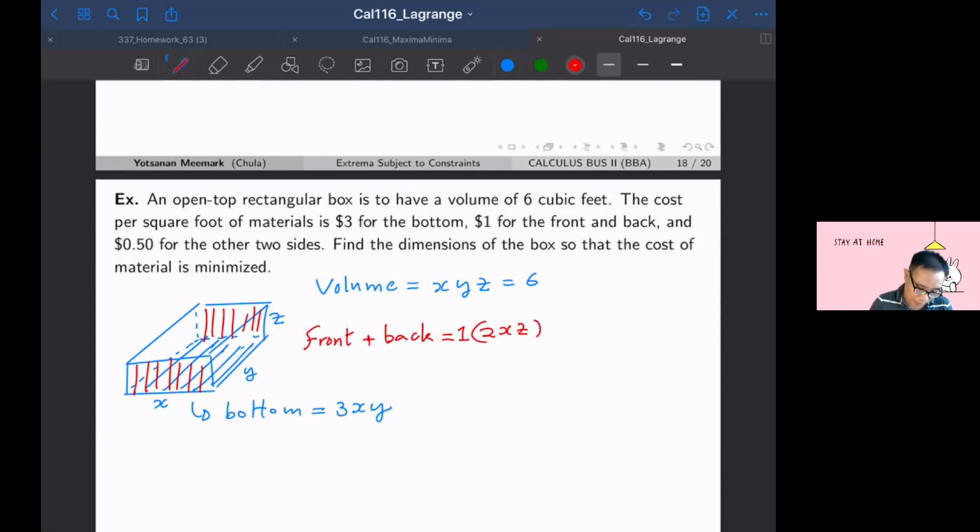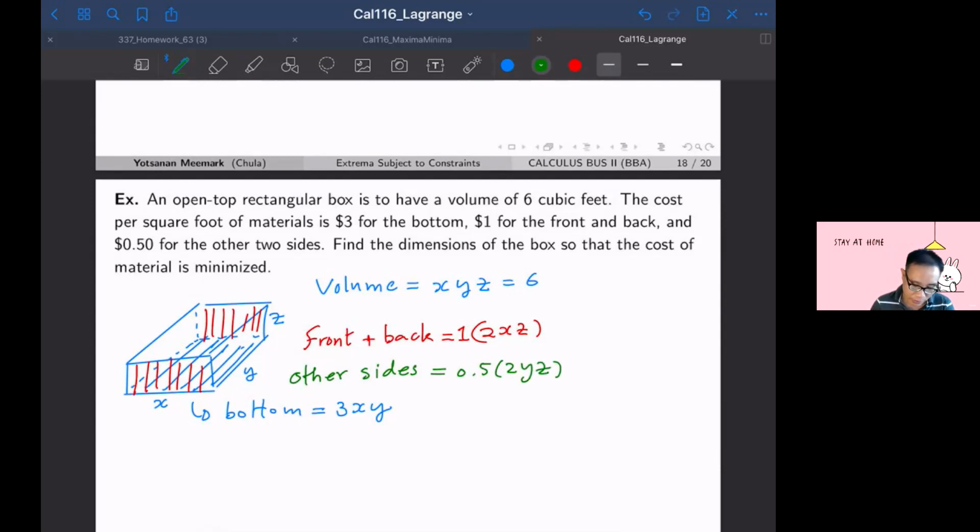And the other side is $0.5 and it's going to be 2yz. We'd like to find the dimensions of the box so that the cost of material is minimized.